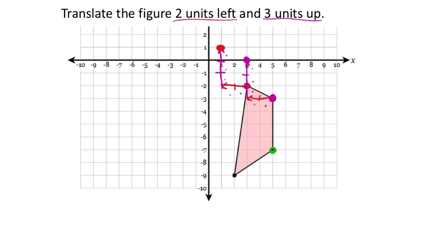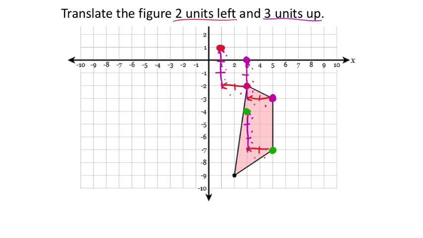So make this our green pre-image point, and I've got to move this one 2 lines or 2 boxes to the left, and then 1, 2, 3 boxes up. Or if you want to count lines, 1, 2, 3. But that is where the image of the green point will be. One final point.